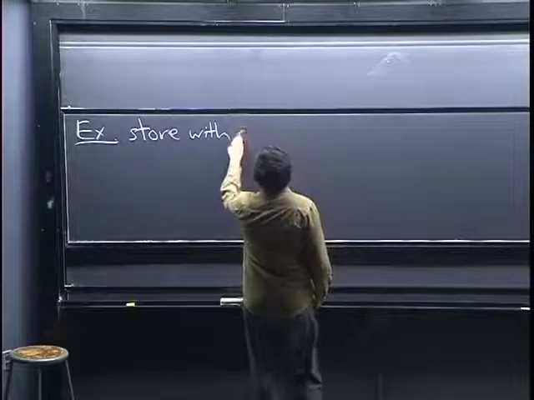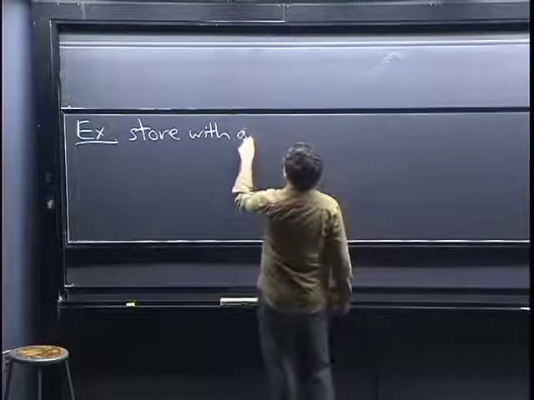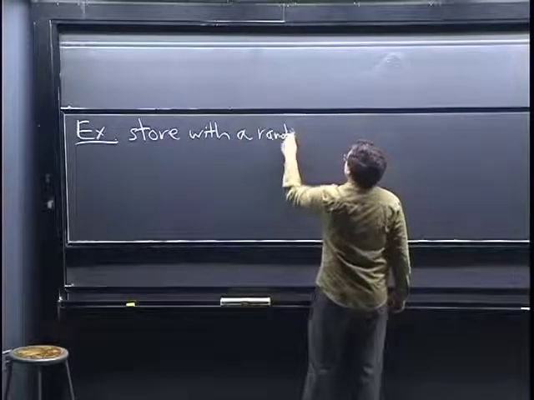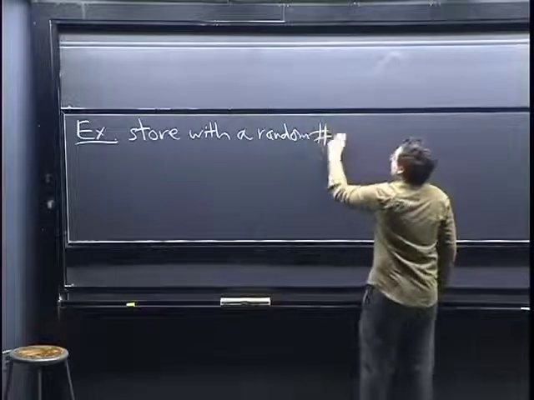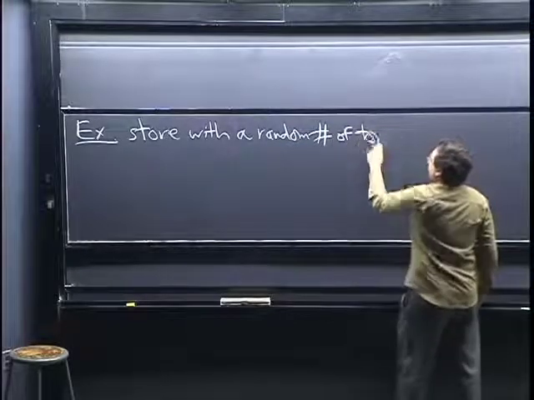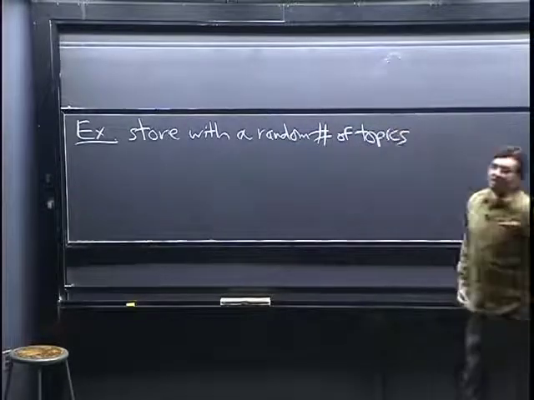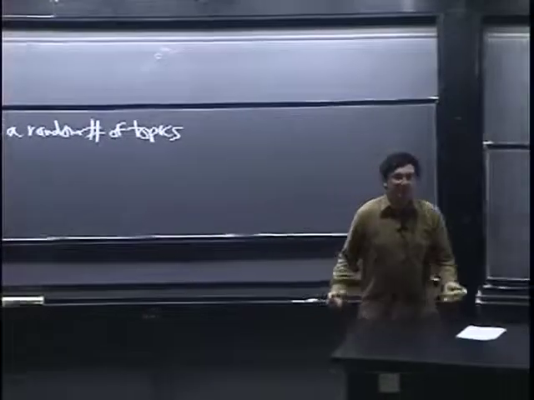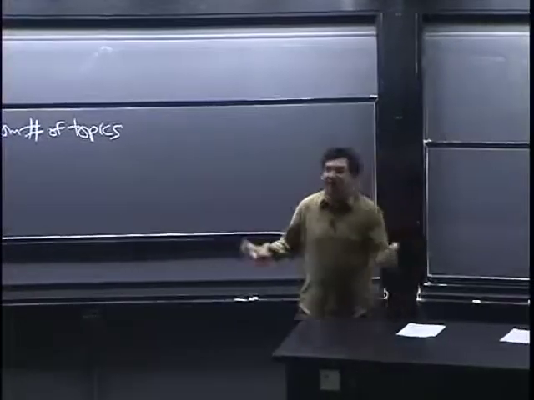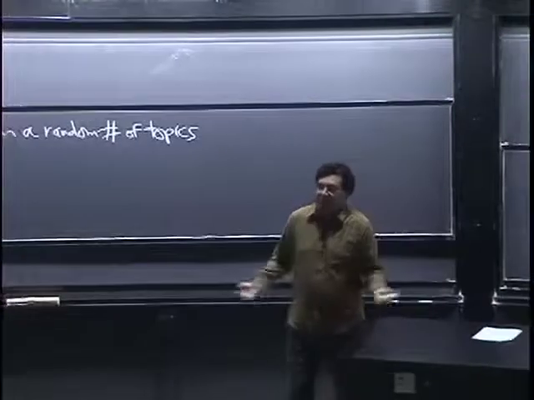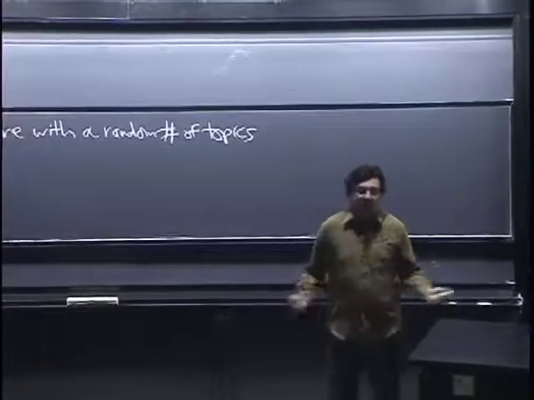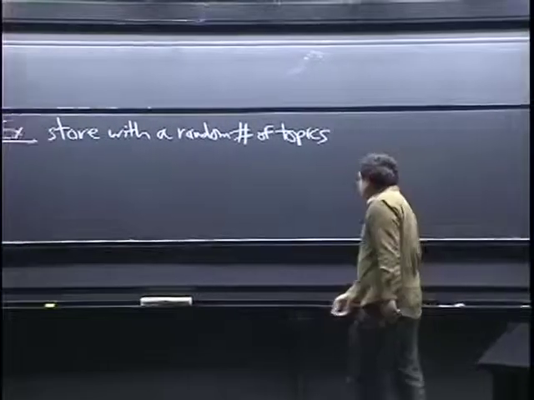Random number of customers is pretty realistic, right? You don't know how many customers you're going to have, and then each customer chooses to spend some amount of money, maybe zero, and then you want to know how much money you got or how much profit. So it's a very natural problem.